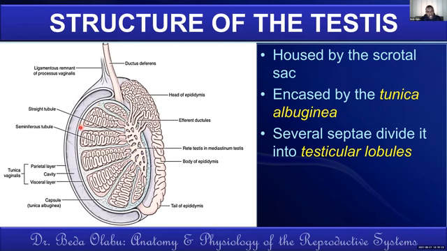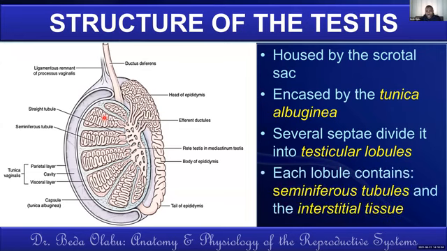It sends in several septae that cut across the testicular parenchyma. Those septae are known as testicular septae. The testicular septae divide the testicular parenchyma into several lobules. We have about 250 to 300 lobules in each testis.